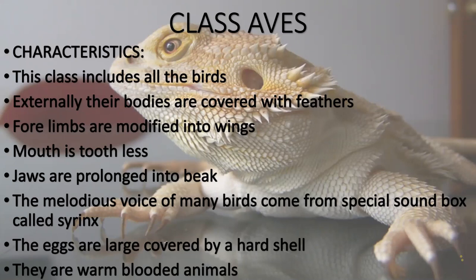For that voice, they have a special box-like structure, called the sound box or syrinx. In our body, the sound box is called the larynx. But in birds, it is called the syrinx.